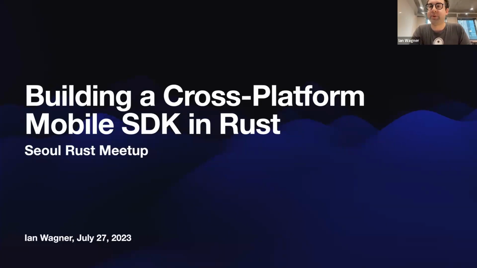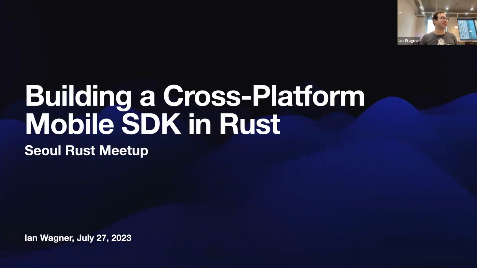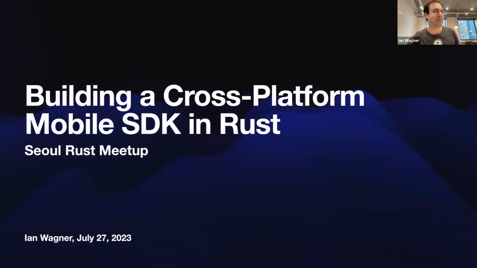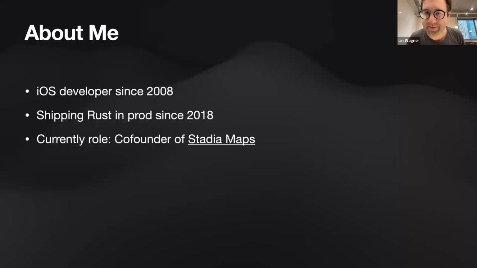This is something that I've been doing for work, and I thought it would be fun to walk through some of the cool stuff we did, some of the interesting challenges of using Rust as the core for a mobile app. So we can just dive in and get started, and this can be pretty interactive. If anyone has a question or wants to say anything, just talk or say something on Zoom. Feel free to unmute yourself.